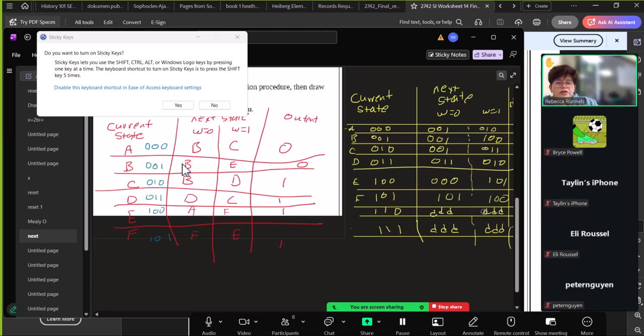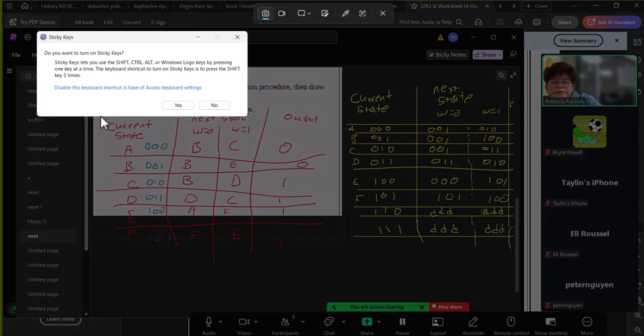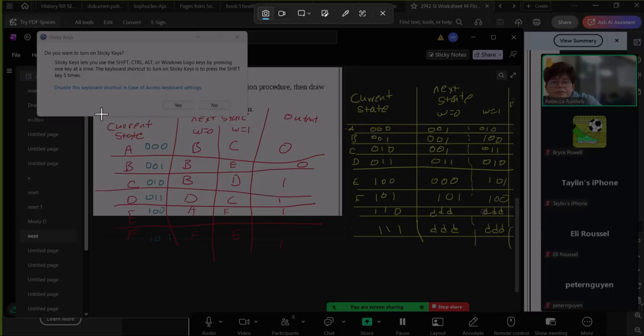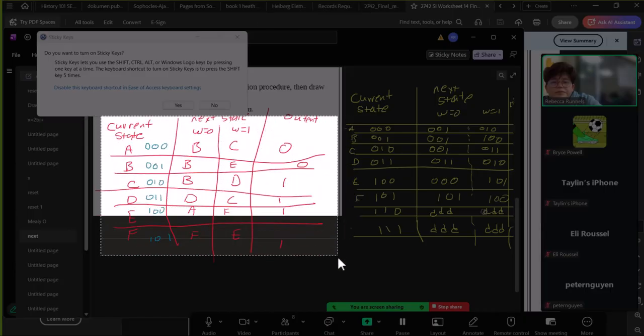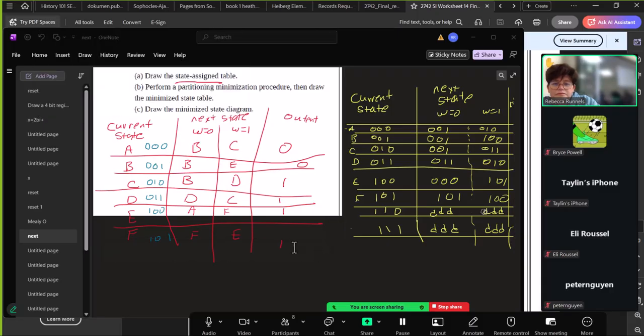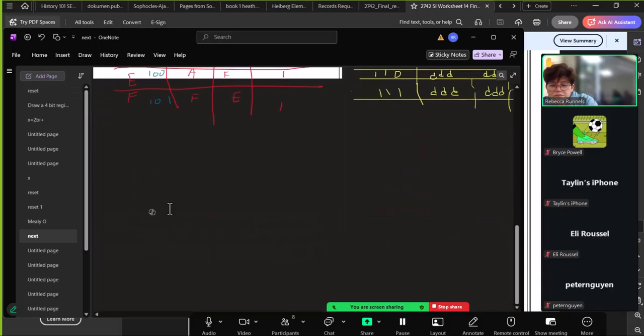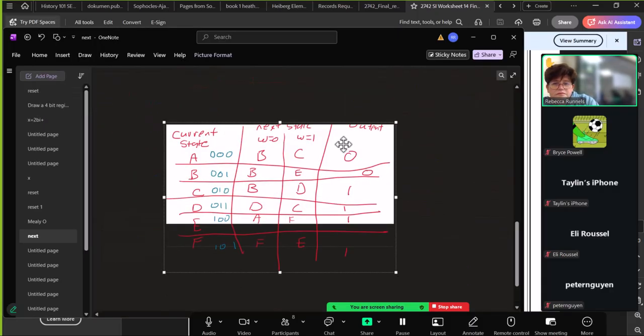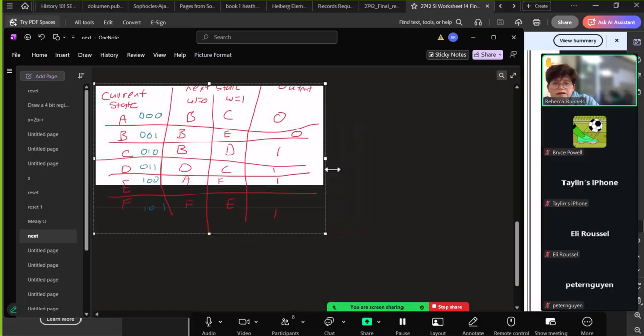Okay, now we're going to do the minimization process. I find it's easiest to use this. So minimization, you always start your first partition, which is P0, is always going to be all of your states.